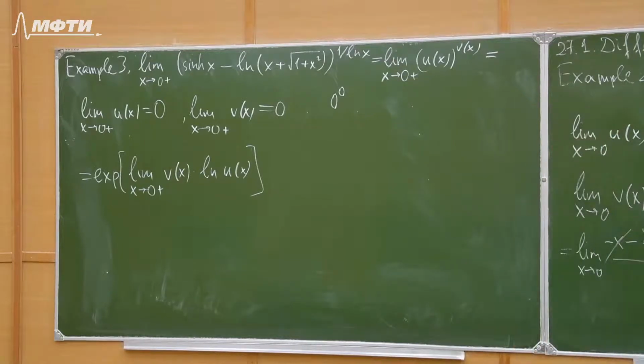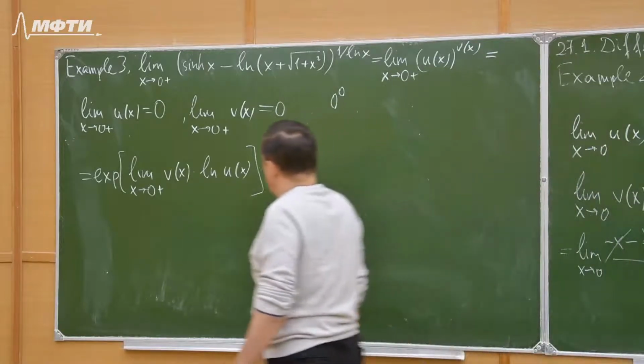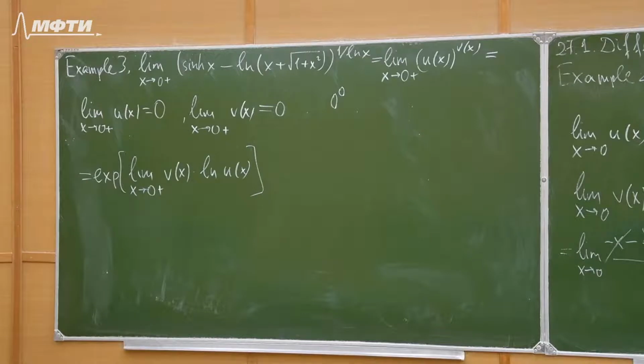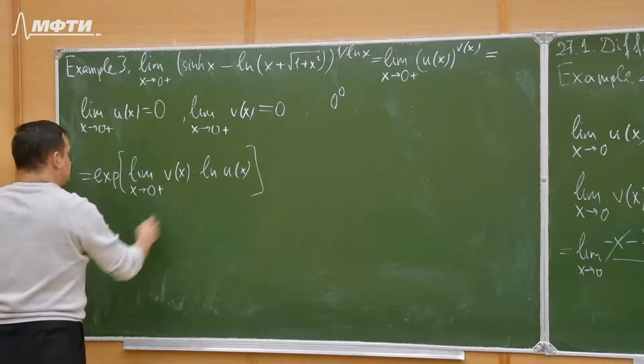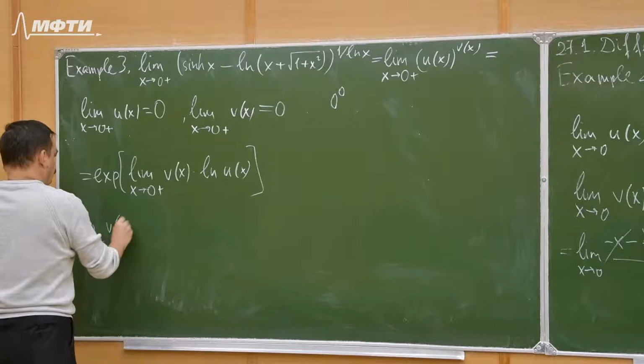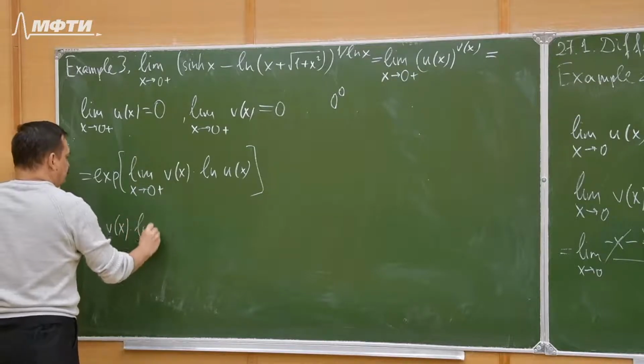So it's valid also in the cases when no indeterminacy at all, just substitution. Okay, so let's compute this limit separately. X tends to 0 plus v of x times logarithm u of x.